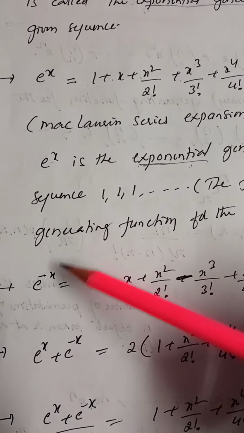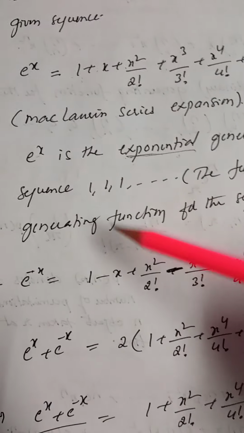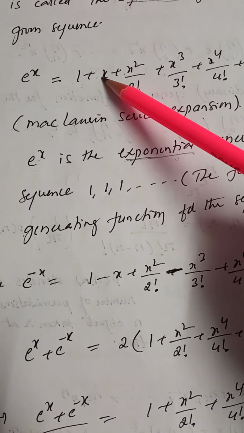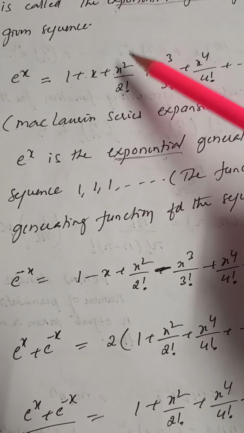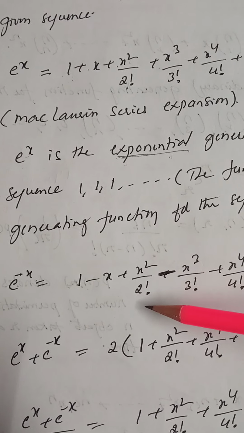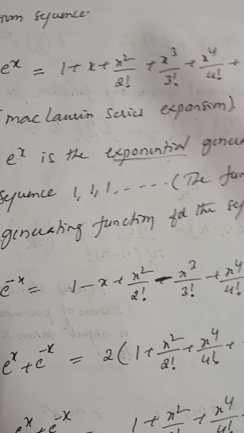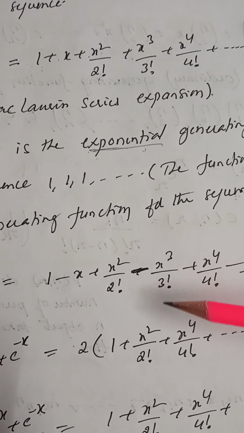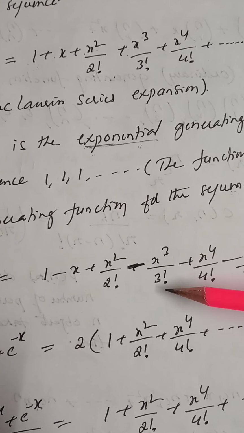Now if you add e power x and e power minus x, what will you get? 1 plus 1 is 2. Here x plus minus x is 0. X square by 2 factorial plus x square by 2 factorial is 2 into x square by 2 factorial. Next x cube by 3 factorial minus x cube by 3 factorial gets cancelled.